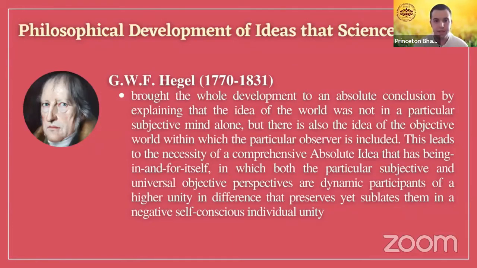This leads to the necessity of a comprehensive absolute idea that has being in and for itself, in which both the particular subjective and universal objective perspectives are dynamic participants of a higher unity and difference that preserves yet sublates them in a negative, self-conscious individual entity.